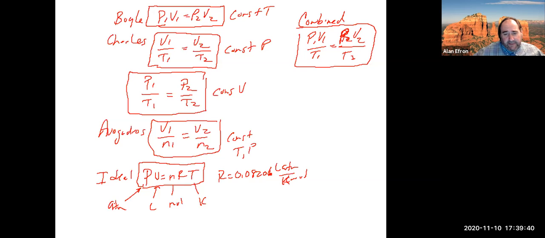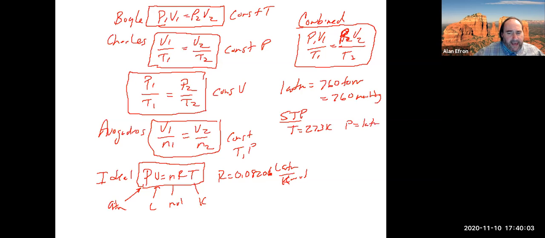In addition, we talked about how one atmosphere is 760 torr, also 760 millimeters of mercury. We also talked about STP, standard temperature and pressure. So our temperature is 273 Kelvin at that point, and our pressure is 1 atmosphere if we're at STP.